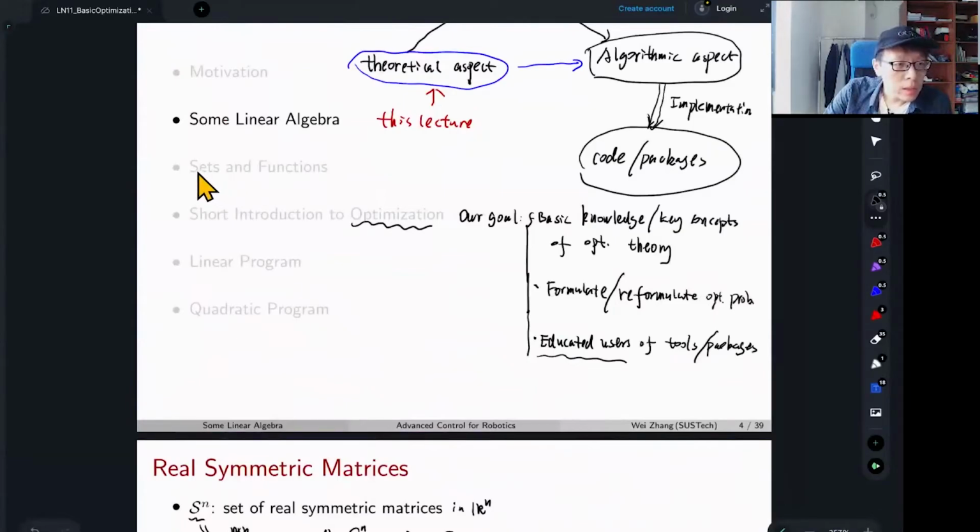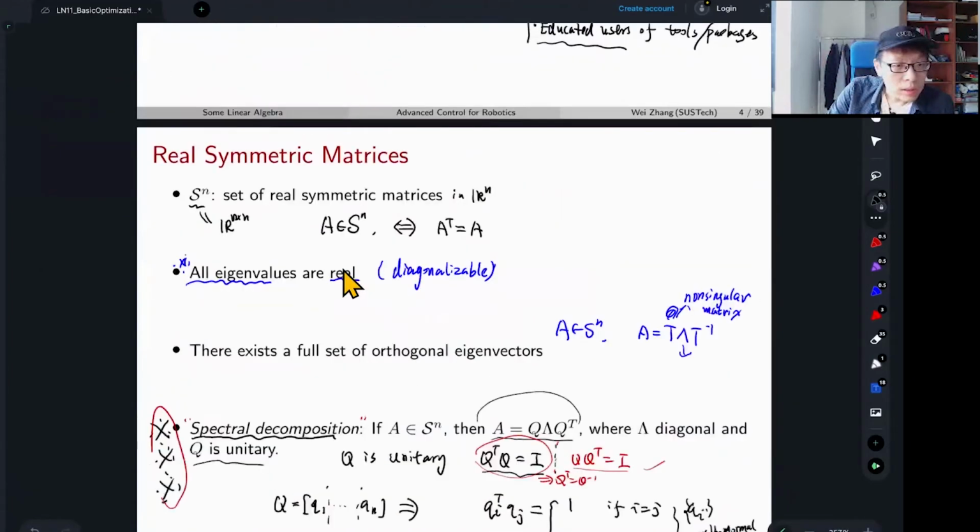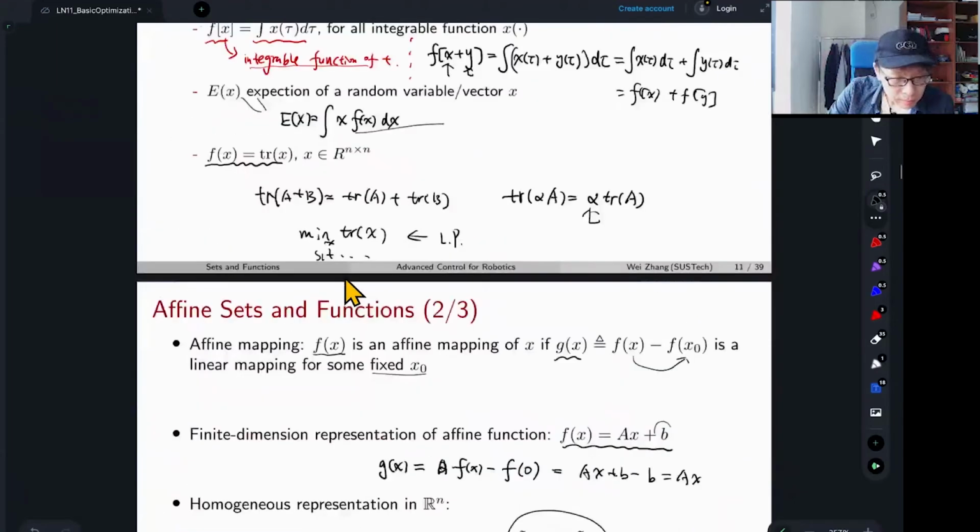And last time I think we almost finished talking about sets and functions. The categories of the constraint set and the categories of function natures will determine the nature of the optimization. We will maybe point that out today. So let's continue our discussion.